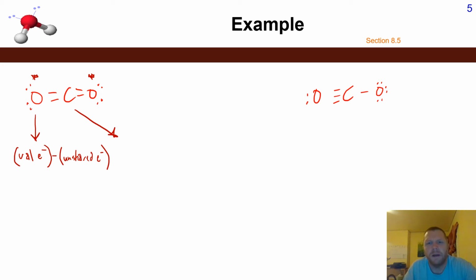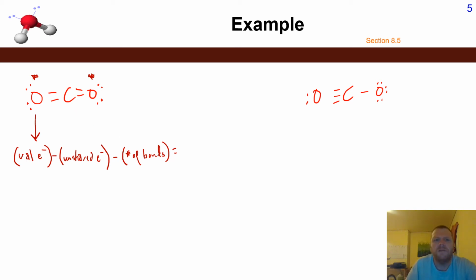And then finally, I'm going to subtract the number of bonds. Now, as I said, this is my personal preference. So if you choose to do it the other method, that's going to work just fine for you. I'm going to go ahead and erase that, and I'll come back to that in just a little bit.